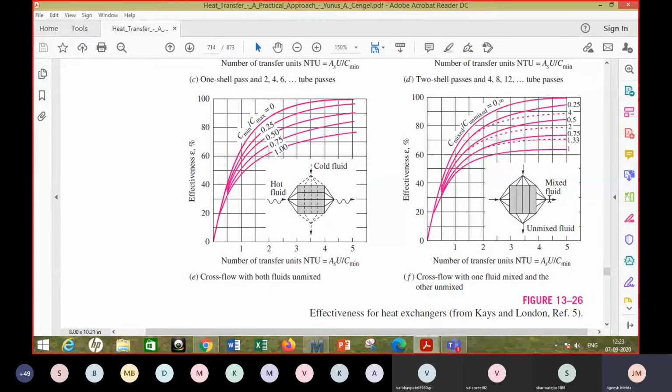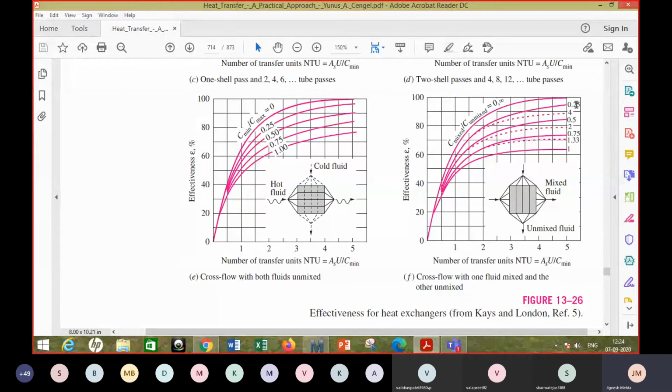In that case, you have to refer to this chart, and then again, whether C minimum is mixed or unmixed, right? So based on that, you will select the chart, whether this full line or this dashed line. So you can see C mixed upon C unmixed. If it is 0, then it is this line, or it is also for the ratio infinity, right?